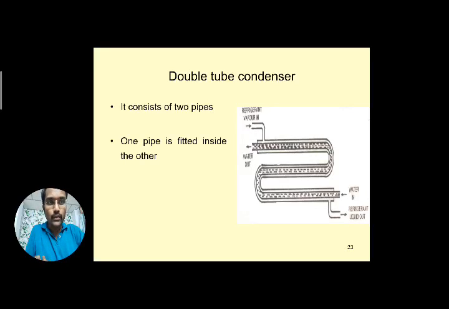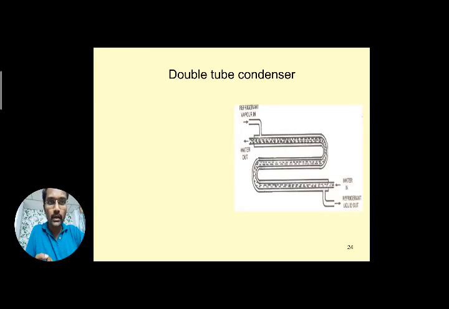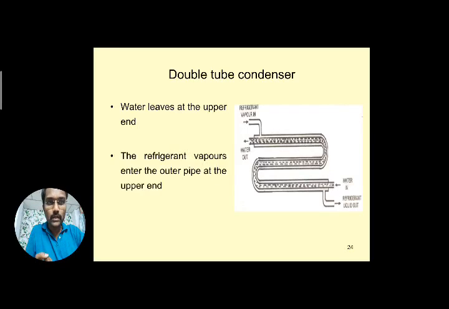So it consists of two pipes, a tube in tube section, or tube in tube condenser it is also called. So one pipe is fitted inside the other. Cooling water enters in the inner pipe at the lower end. So inner pipe water is flowing, at the lower end there is an entry, and water leaves at the upper end. Refrigerant vapors enter the outer pipe.